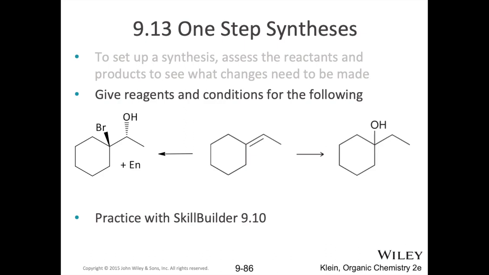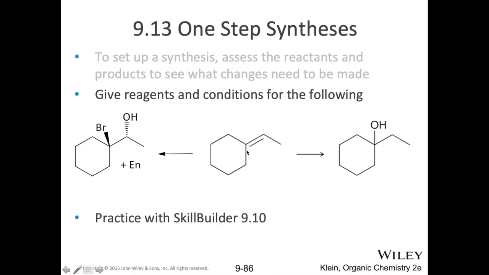First of all, is this a Markovnikov or anti-Markovnikov addition? If we look at our double bond initially, let's take a step back. This is a secondary side, you've got only two carbons coming off of it, whereas this one's tertiary.